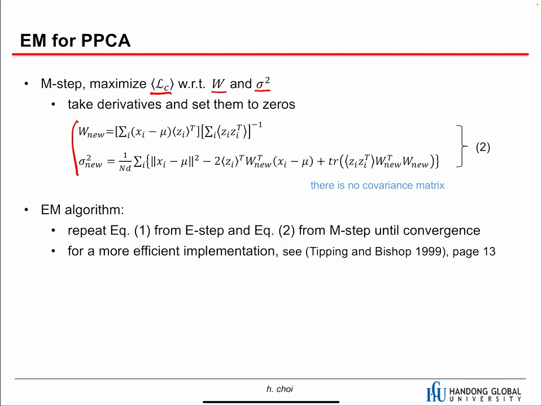Even when the maximum likelihood estimate is possible, if we use the EM algorithm, we don't have to calculate the covariance matrix. That is one advantage of the EM algorithm. So the EM algorithm repeats equations 1 and 2 until convergence. And if you're interested in a more efficient implementation, then check.